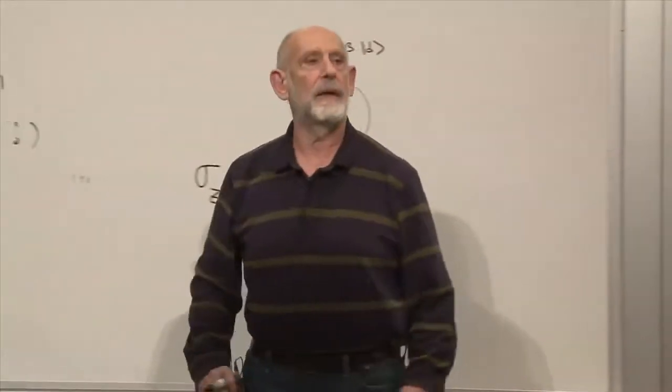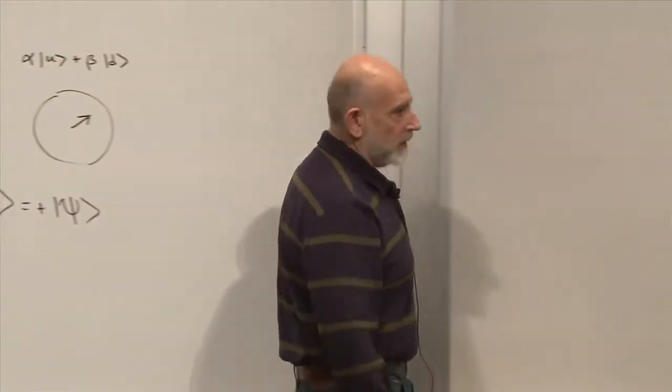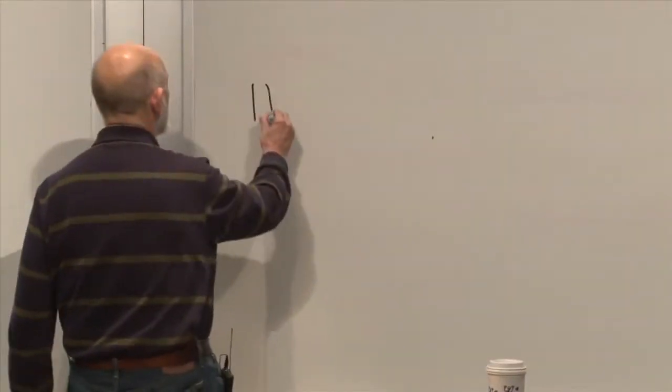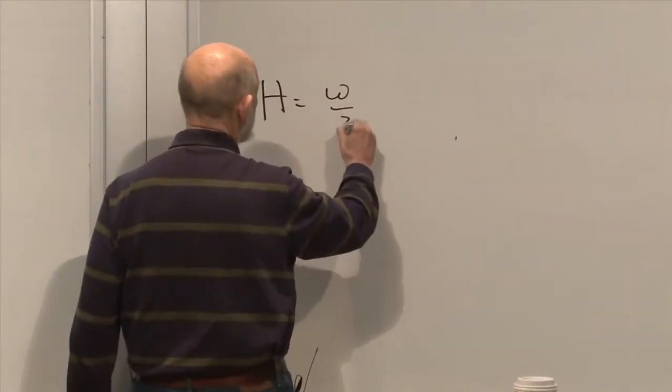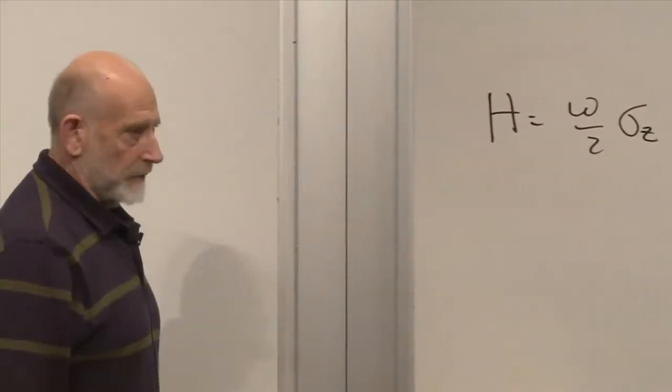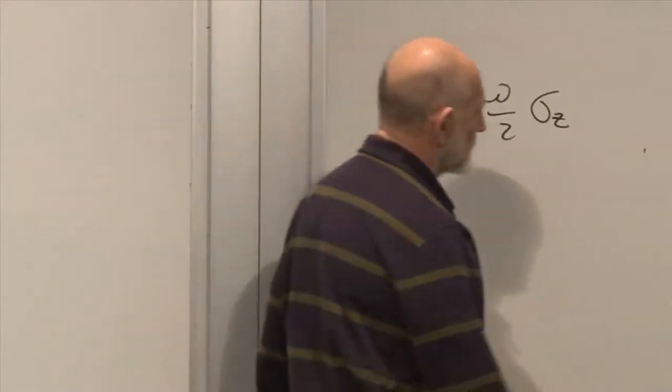And I maintained that if it emits a photon, remember the way we set things up, we said let's take the Hamiltonian to be omega over 2 sigma z. That has two eigenvalues, plus omega over 2 and minus omega over 2.